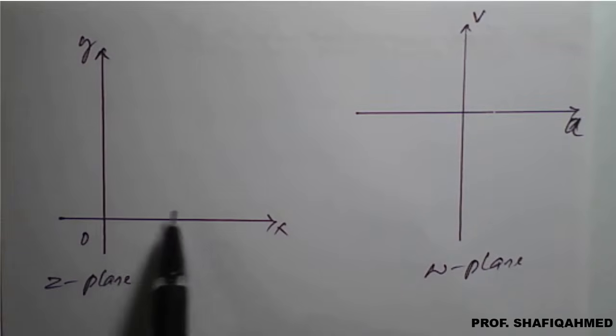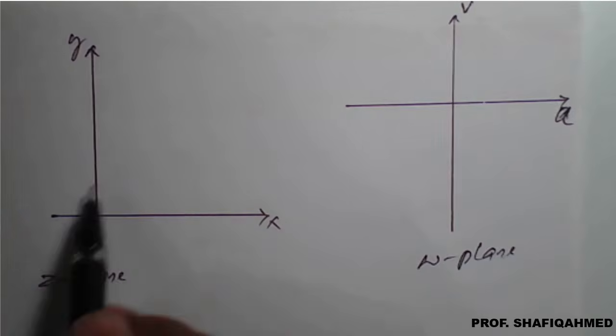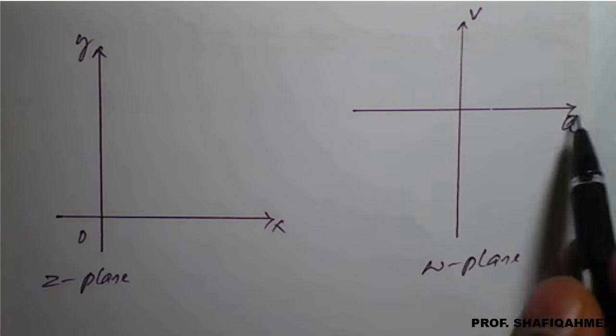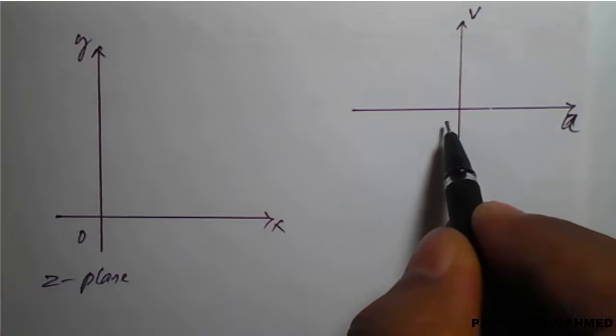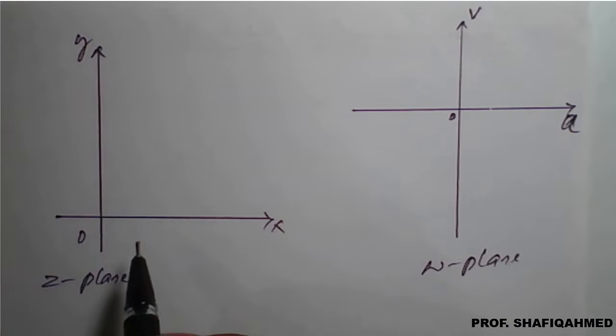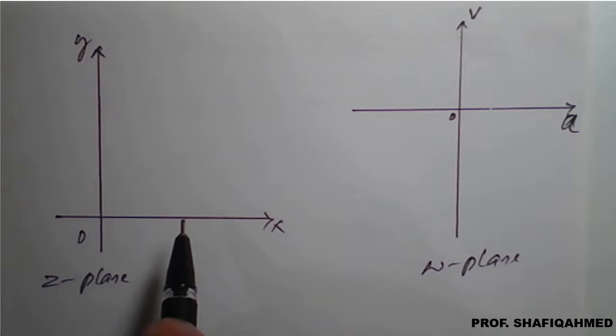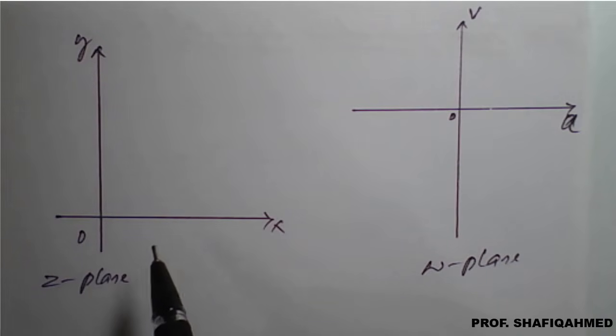Here I have taken a rough diagram. The x axis and y axis are for the z plane, and the u axis and v axis are for the w plane. You can observe the lines I have taken. Here for the straight lines we have to take both negative as well as positive.